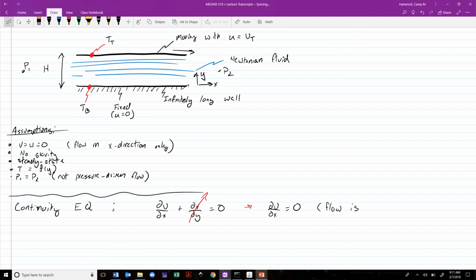It's called fully developed, right? Means the flow over here is the same as the flow right here, is the same as the flow right here, is the same as the flow 100 miles down that way. Okay.